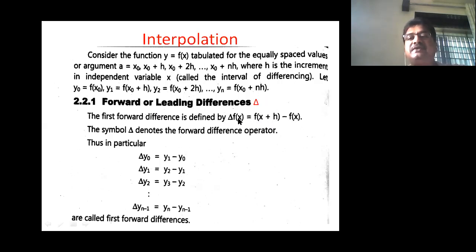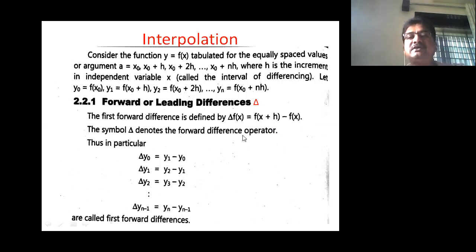Okay. So delta f(x) is f of x plus h minus f(x), which means the value of the function at the next point minus the value at the same point. So learn this definition of delta f(x): it is the value at the next point minus the value at the same point. Okay.